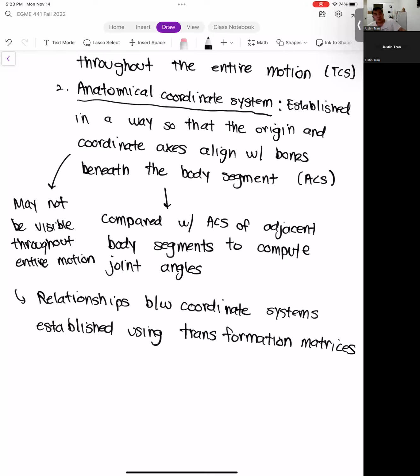A transformation matrix is a square matrix that defines how two different coordinate systems are related to each other, both in terms of the angle at which they're rotated and the translation between their origins. I'm going to focus my analysis here on 2D. For 2D, we actually mostly work with a three-dimensional, or 3 by 3, transformation matrix.